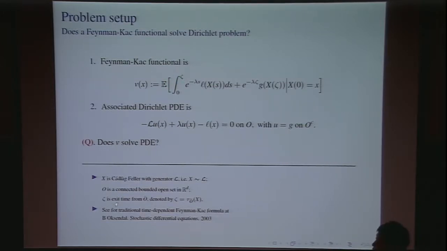The terminal time is the exit time from some given domain, an open set. So I write it tau O bar X. That means X is escaping from O bar, its closure. So you really want to exit the boundary? Yeah, I want to. If the boundary is still continuing? No, it's just killed. Okay.